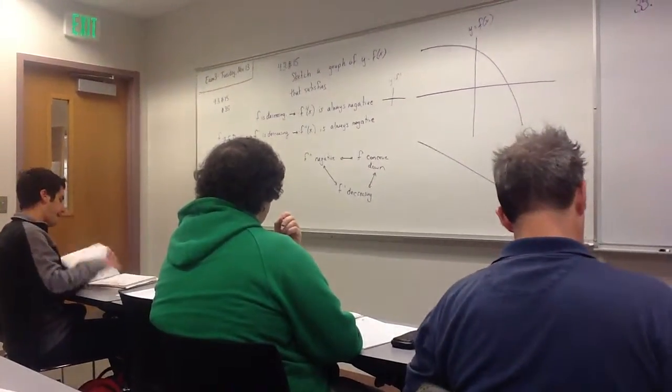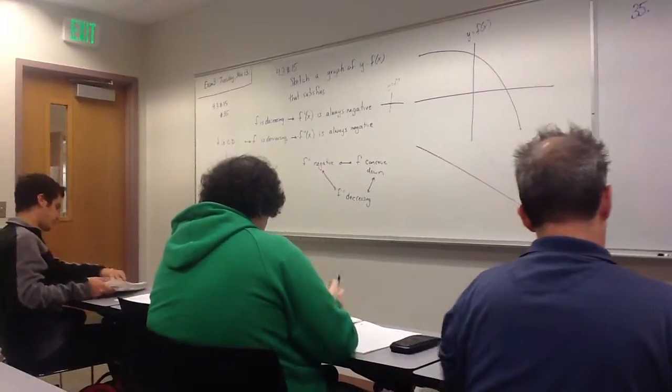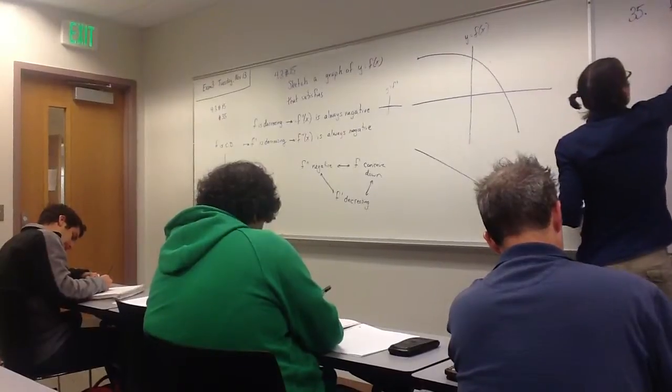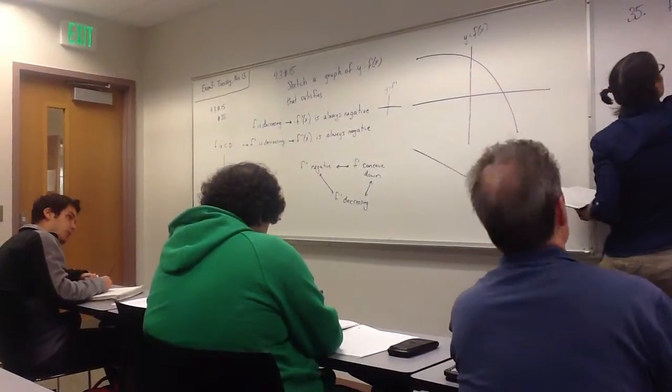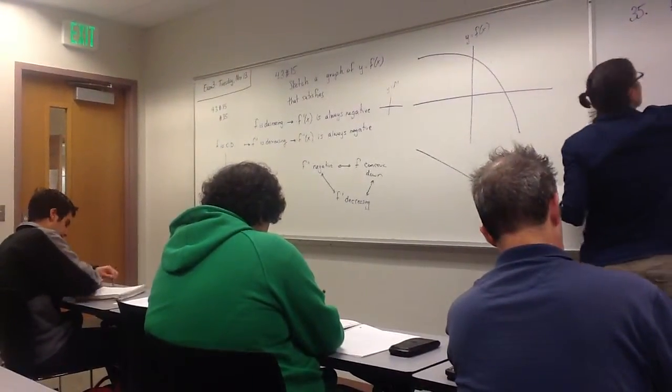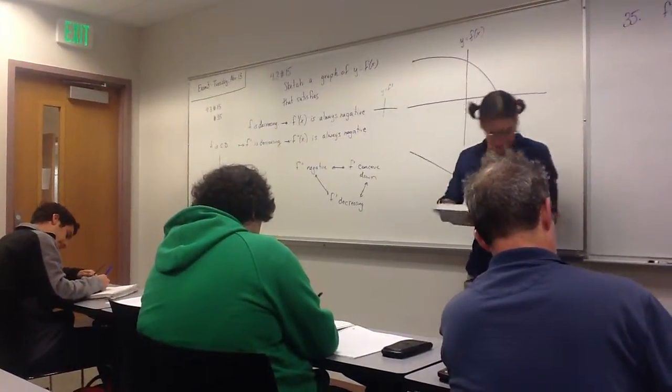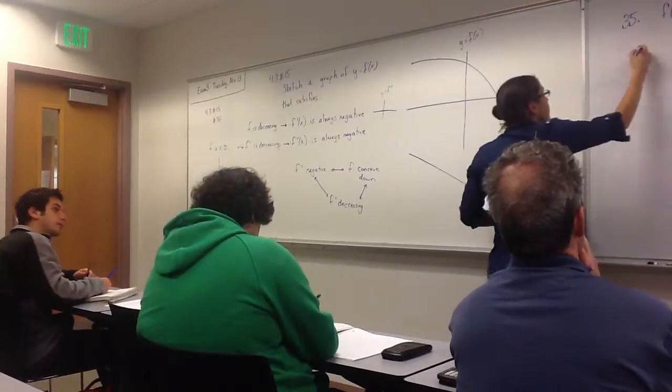So number 35, we have the function f of x is equal to x squared over x squared minus 1. And there are several parts to this one.